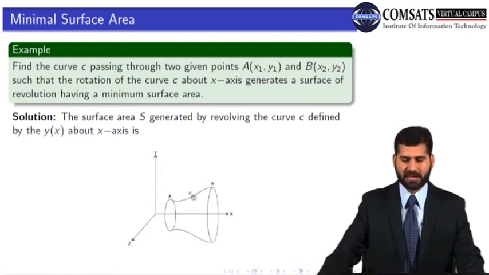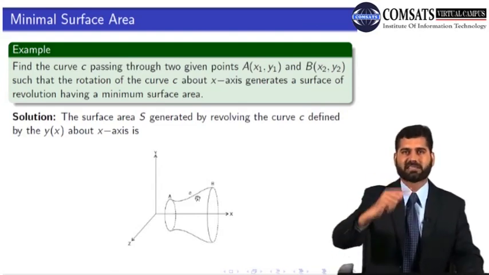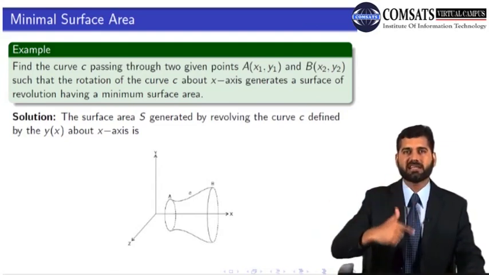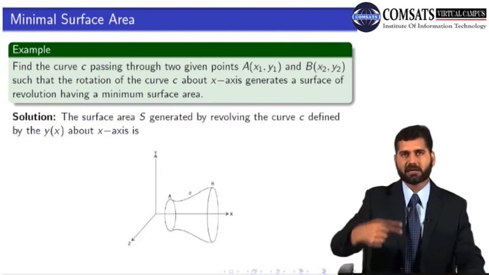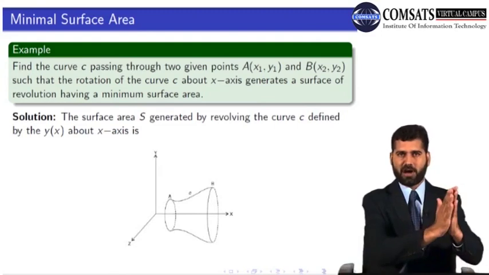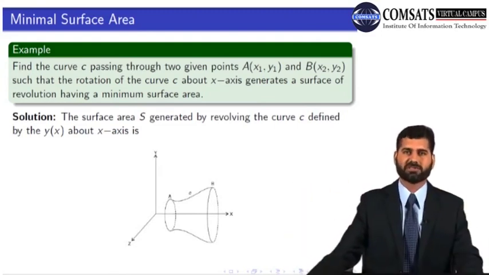What will be the radius? At any point x, the height is y. So y is the radius of that circle, which is the cross section of this revolution. So the cross section has a circumference of 2 pi y. If I integrate that from point A to point B, it will cover the whole surface of revolution.